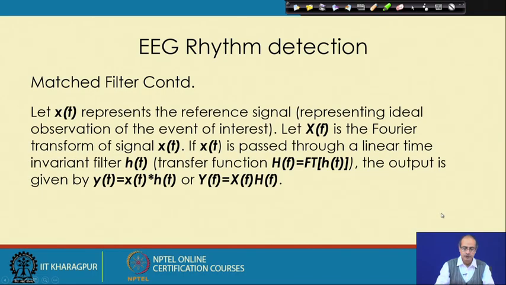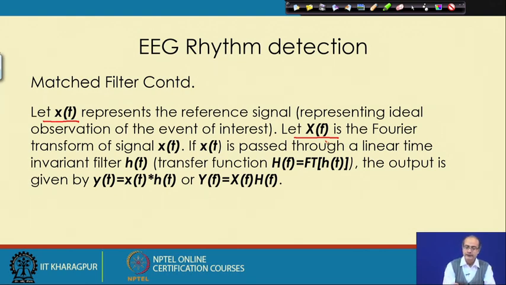If we take a signal x(t) in the continuous domain, in the discrete domain we can write x(n). This is the reference signal, that means the event or the waveform we are interested in. In the frequency domain we can represent that as X(f).